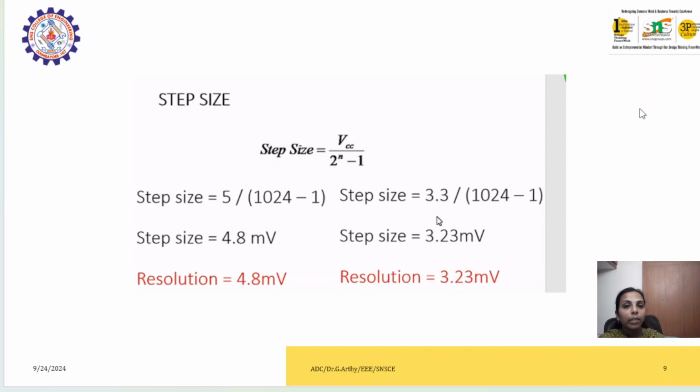So when the number of bits increases, the step size decreases and the resolution increases, because the maximum error after analog to digital conversion is normally step size by 2, that is 0.5. If the step size reduces, then the step size by 2, that is the error, also reduces. So the step size can be reduced by increasing the number of levels, and the number of levels can be increased by increasing the number of bits used to represent a particular value.